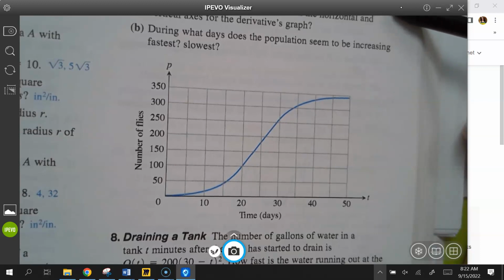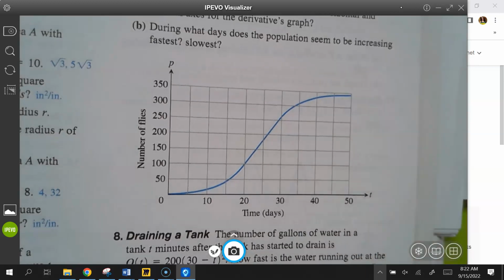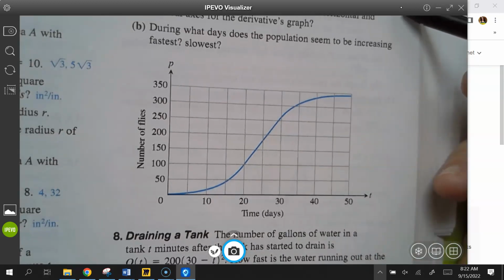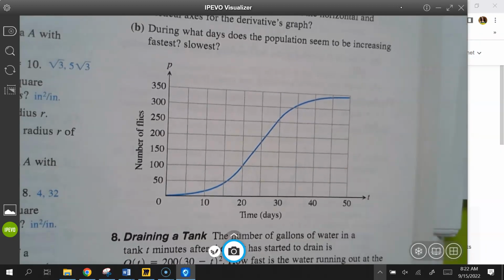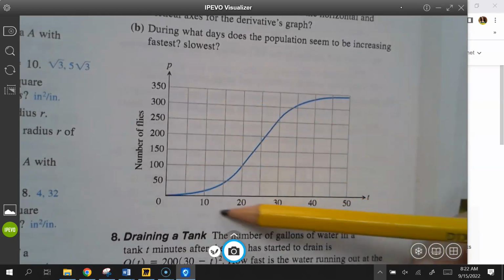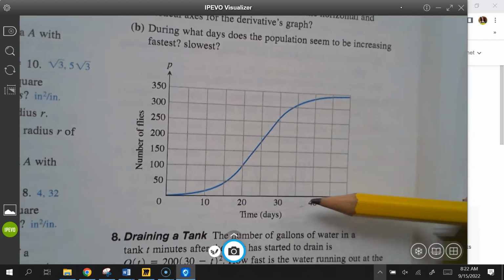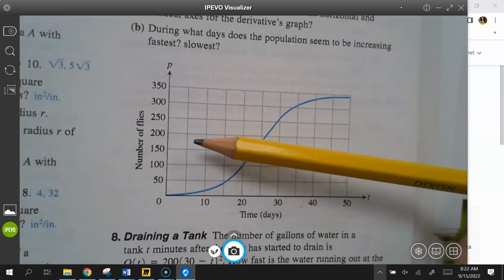What is the derivative of this going to look like? So if this is the function, part A asks us to graph the derivative of the fruit fly population. What units on the horizontal and vertical? So looking at this, think of it like a position function or a regular function. So if I do the derivative, this is it. What are the units here?